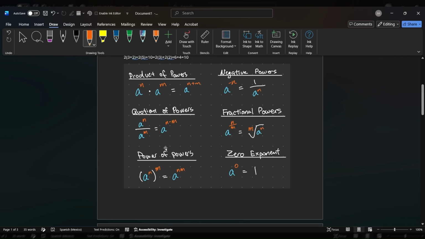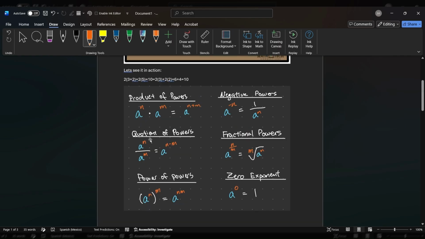And we also have the quotient of powers. Okay, so this would look like this: a to the n divided by a to the m equals a to the n minus m.